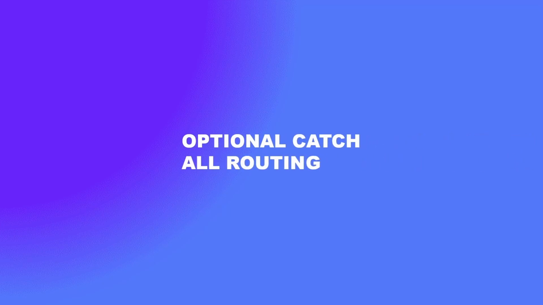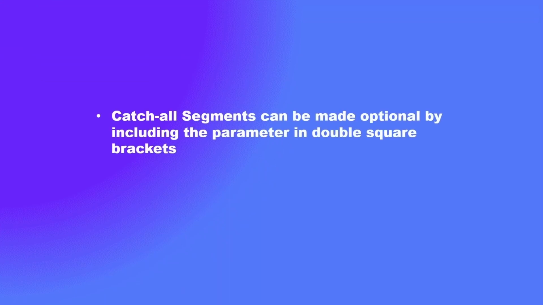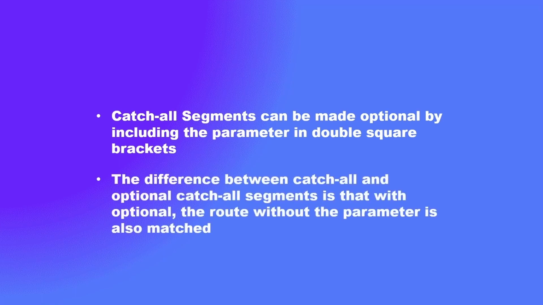Next, I'm going to explain optional catch-all routing. A catch-all segment can be made optional by including the parameter in double square brackets. The difference between catch-all and optional catch-all segments is that with optional, the route without the parameter is also matched.